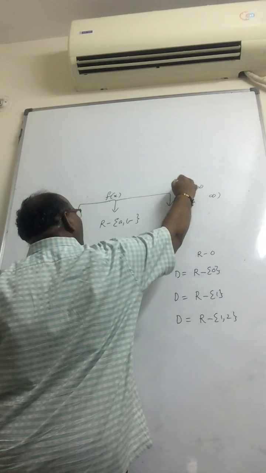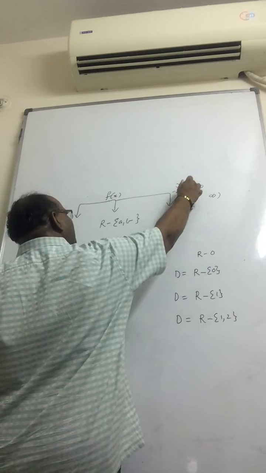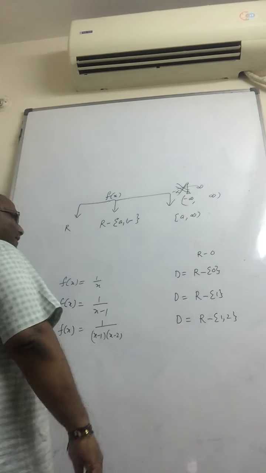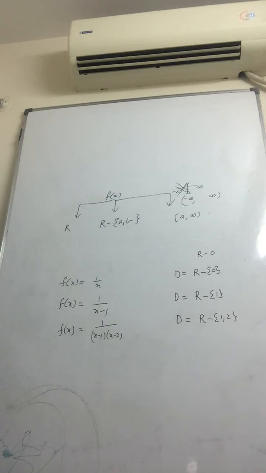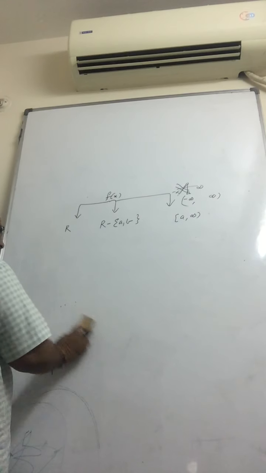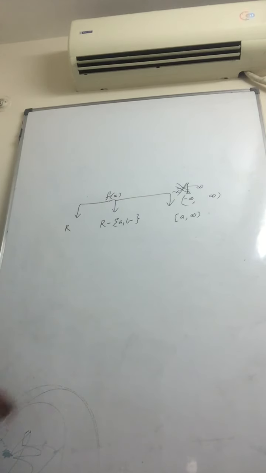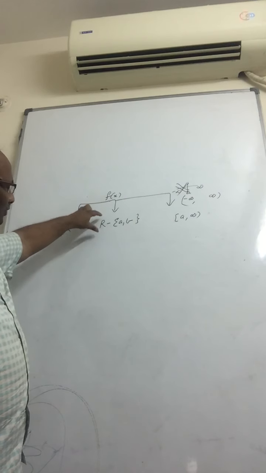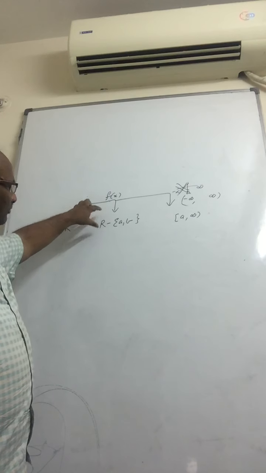Maybe it is not defined for many numbers, so it is not defined for some part of the real line, and for a part of the real line it may be defined. For all values, part of the real numbers, or except a few x values, the function is defined. So we have seen an example of the form 1 by x, which comes under the second category. It is not defined only at particular values of x, those we remove, and for the remaining values it is defined. Domain means we have to consider all the x values where the function is defined.